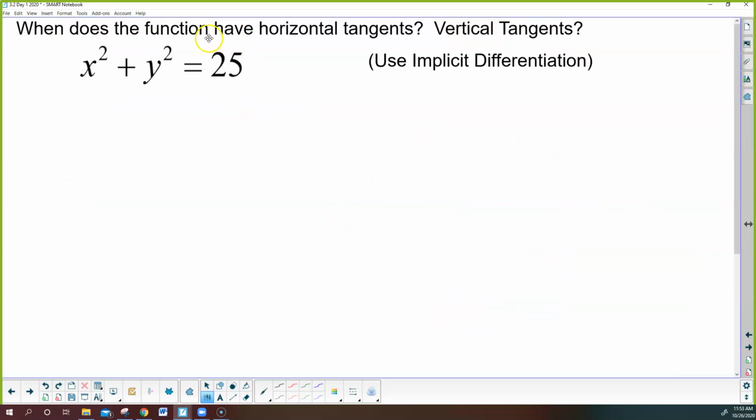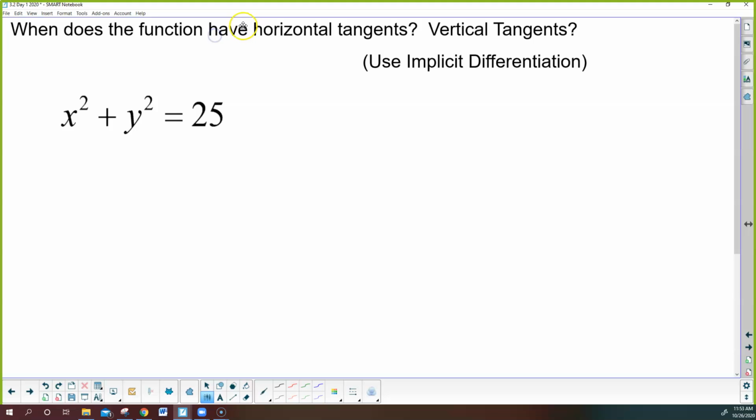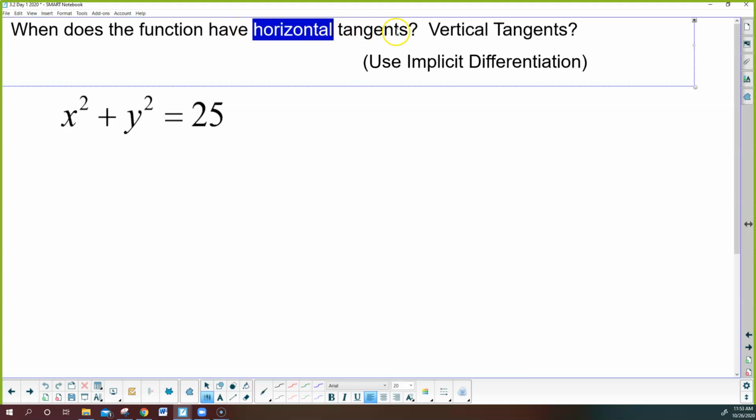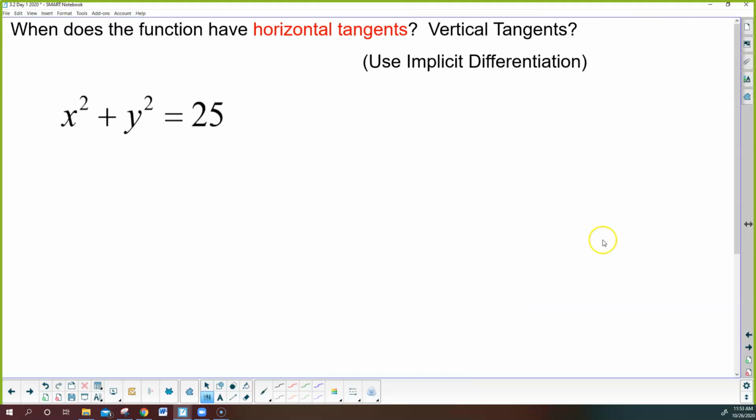Okay, I do want you to write this one down because we're going to use implicit differentiation. So we're going to use this skill to help us answer some questions about the function. So when does this function have horizontal tangents? And then when does it have vertical tangents? We'll answer both of those questions.